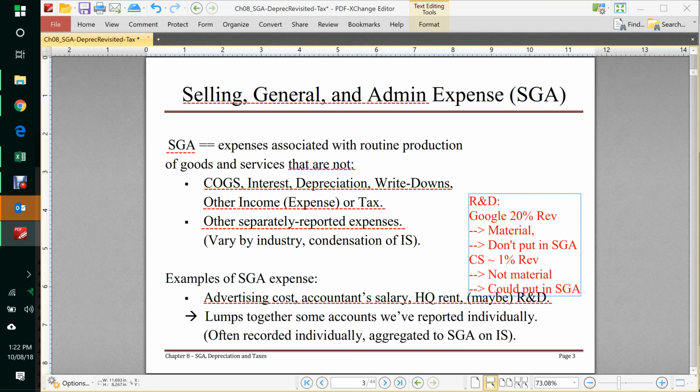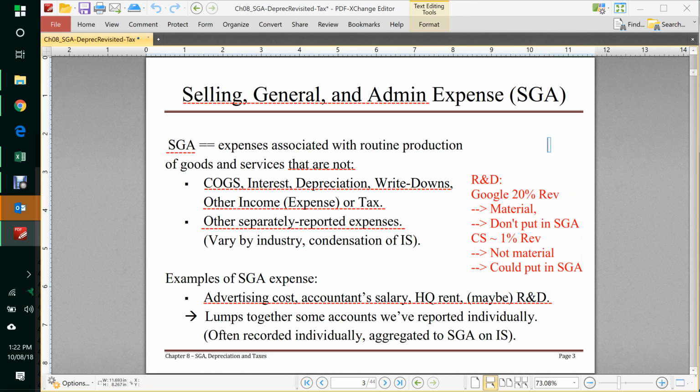So you see how, depending on your industry, you might be able to put some things in SGA, and if you're in another industry, you wouldn't be able to.